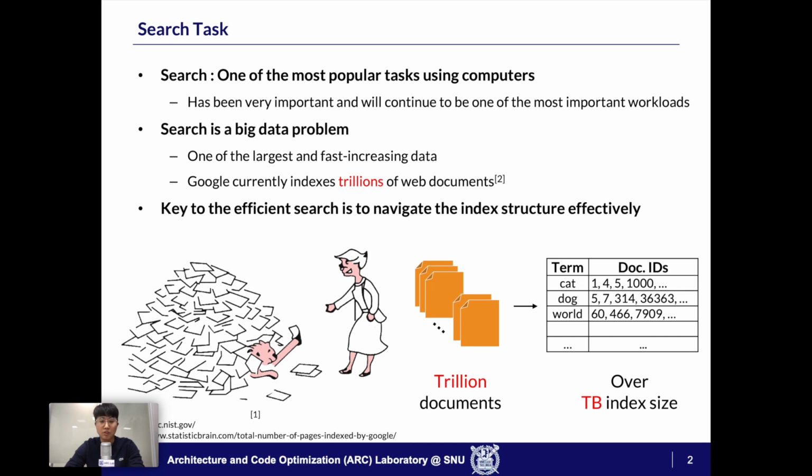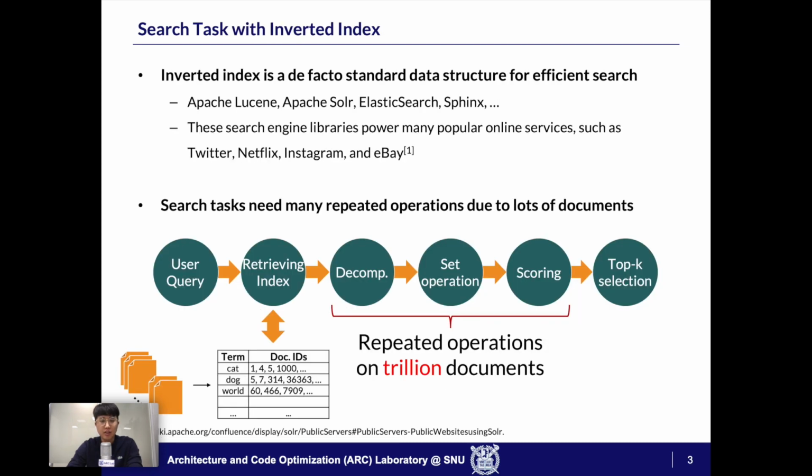Specifically, to achieve this goal, it is very important to improve the efficiency of index navigation, which is the heart of the search operation. An index structure allows users to find specific data quickly without exhaustively scanning all documents. Among several index data structures, the inverted index data structure is the most widely used one for document searches.